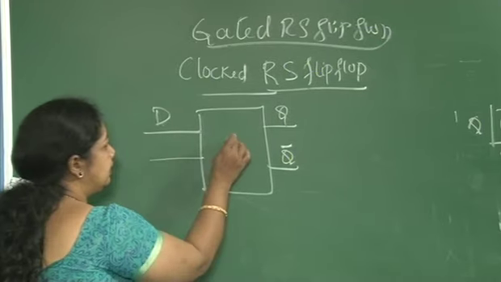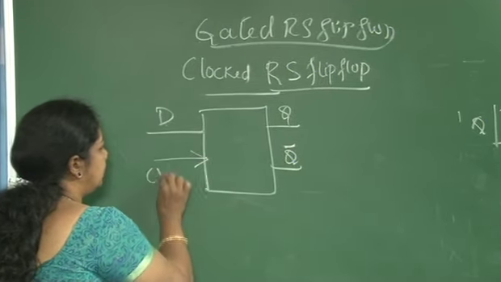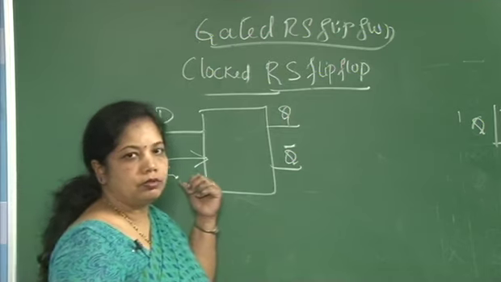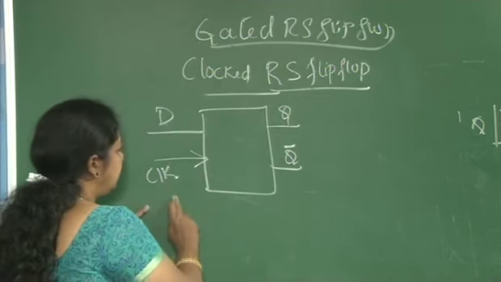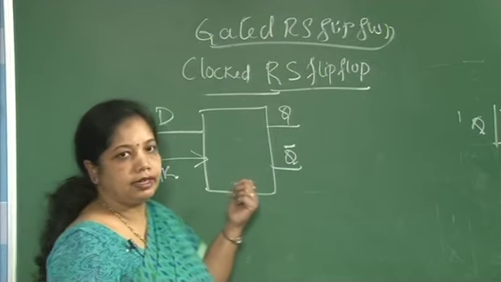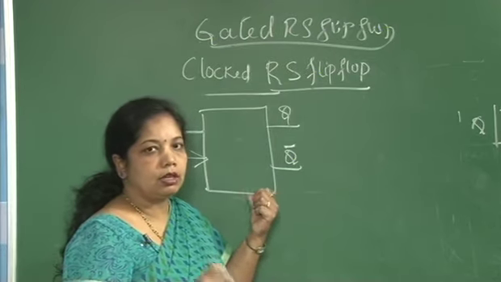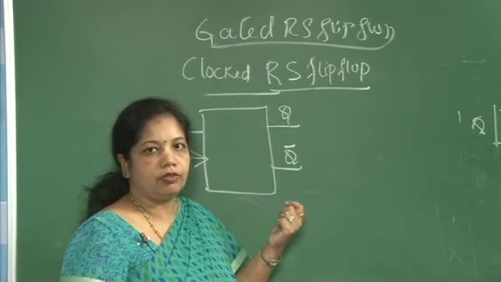I can trigger this flip flop with respect to clock, we call it clocked D flip flop. When I am using enable, I call it gated D flip flop. When I am using a clock, then I call it clocked D flip flop.